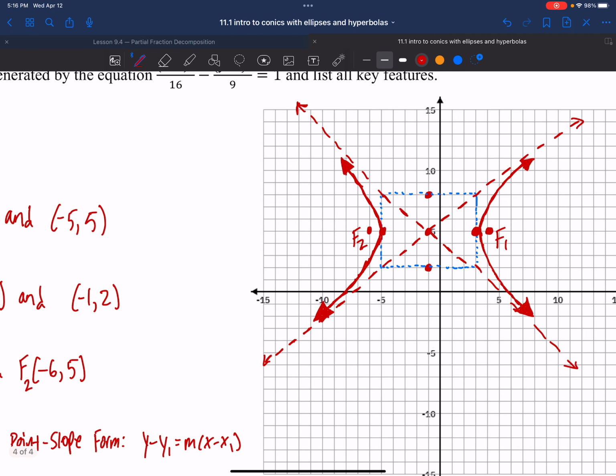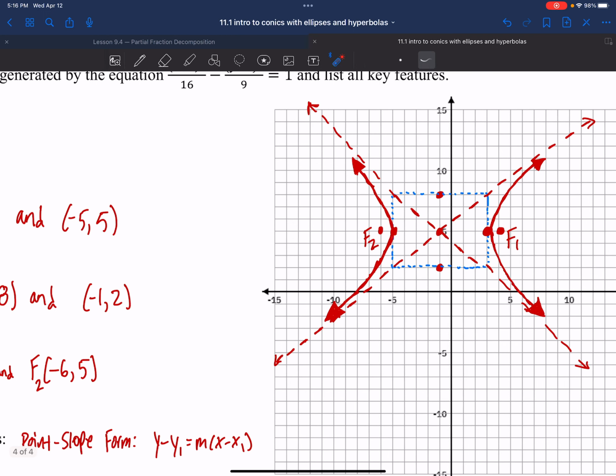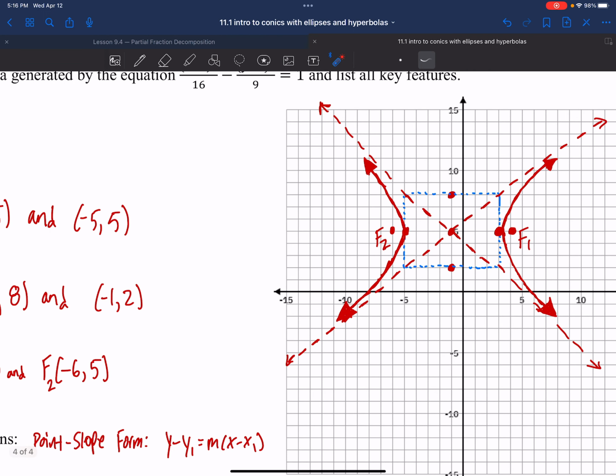Now, the point that both slopes go through is the center, right? Both asymptotes go through the center point. So you're going to use that as your point in point slope form. And then the slope, m, is just rise over run. So this is up 1, 2, 3 over 1, 2, 3, 4. And the other one is down 1, 2, 3 over 1, 2, 3, 4.